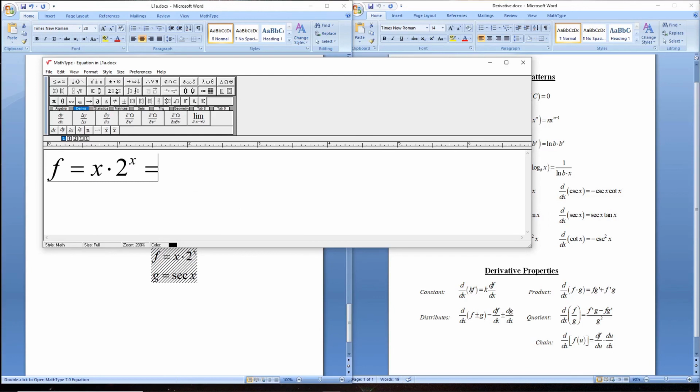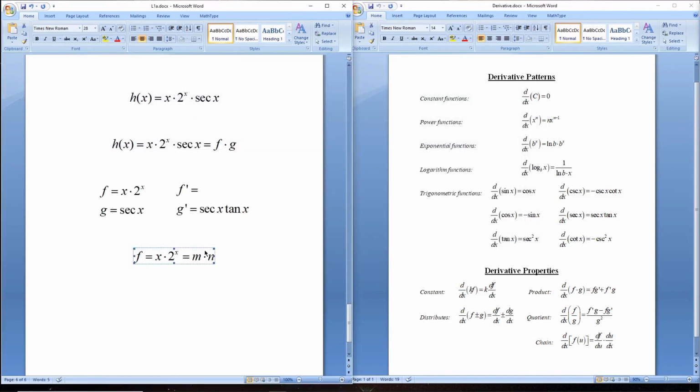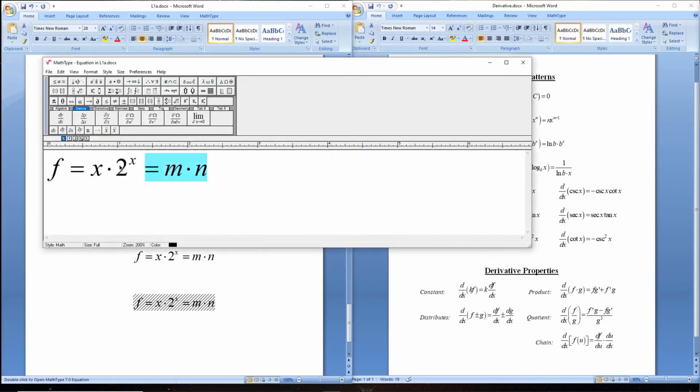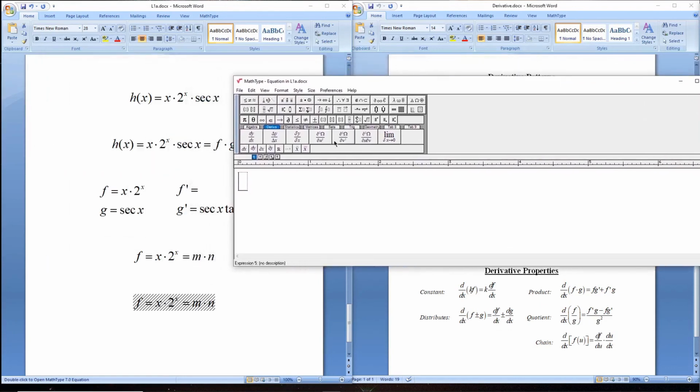So I'm just going to pick some new letters here. I'll just say M and N, I guess. And then we have to define what those are going to be. So I'll say M is the first function. That's a power function. And I'll say N is the exponential function.